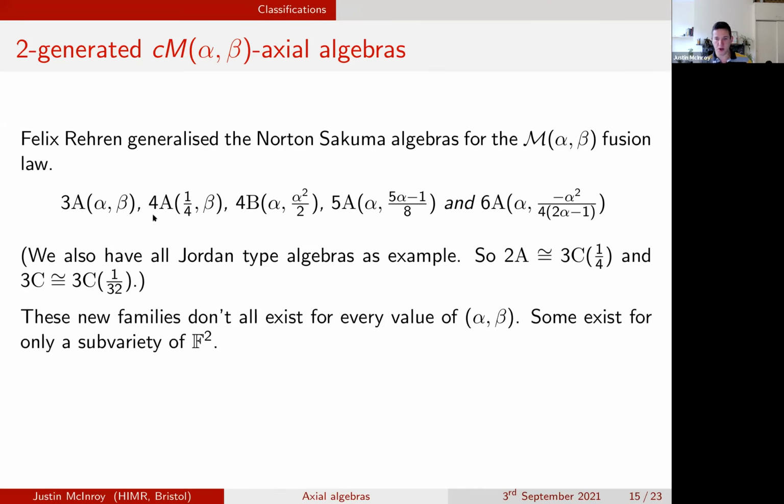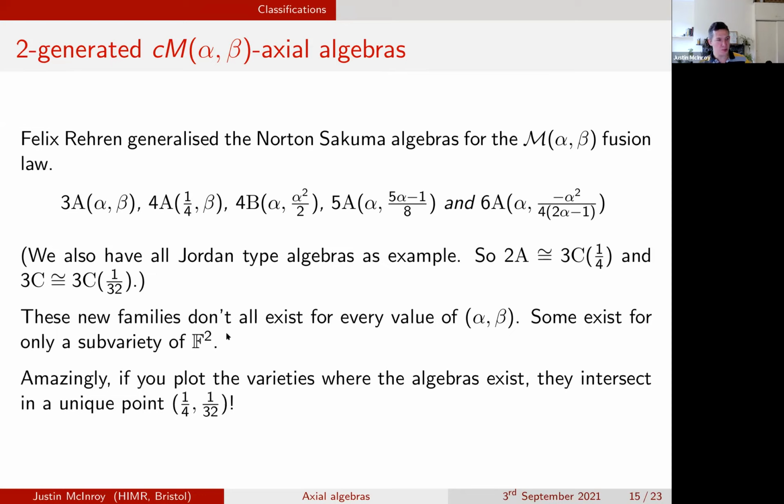But what I was saying here is that these families of examples up here don't exist for every value of alpha beta. Some only exist for a subvariety. So this one here only exists where alpha is a quarter. But the amazing thing is, if you plot all of these varieties, where these exist, these varieties intersect in a unique point, and that unique point is a quarter, 1 over 32.